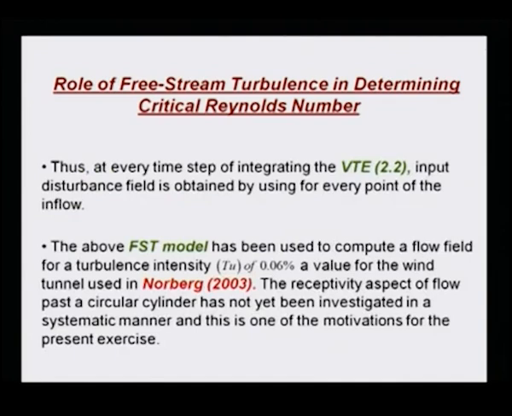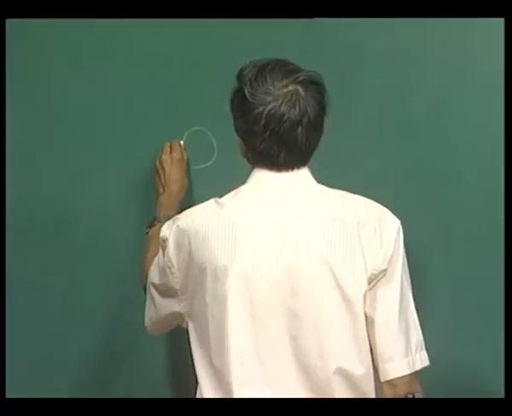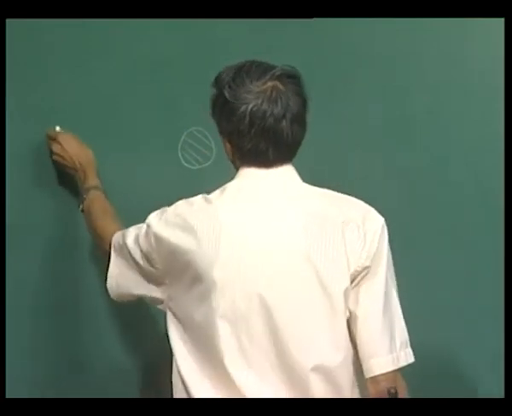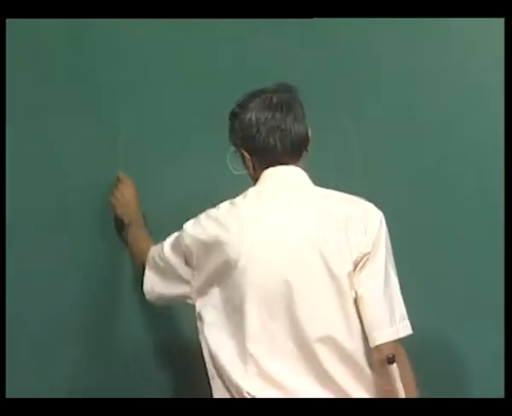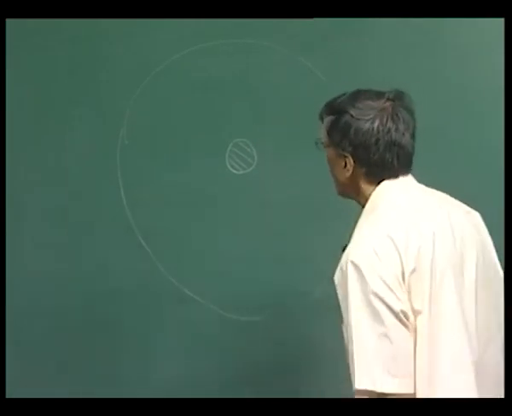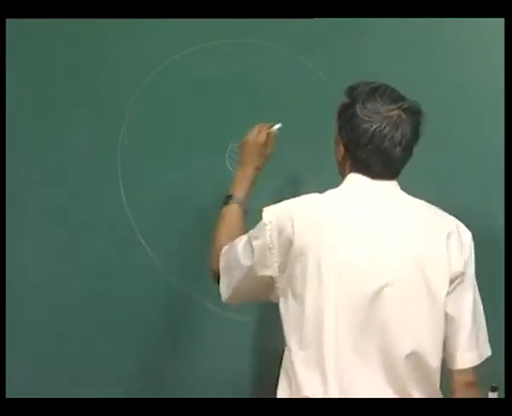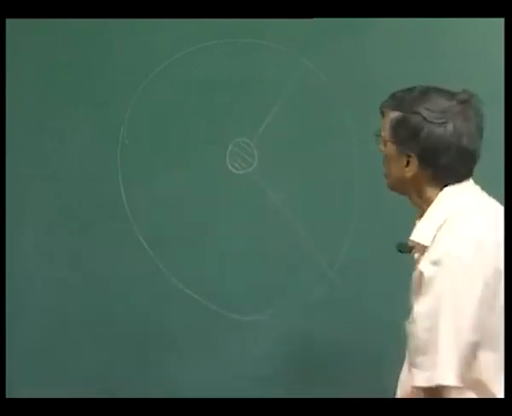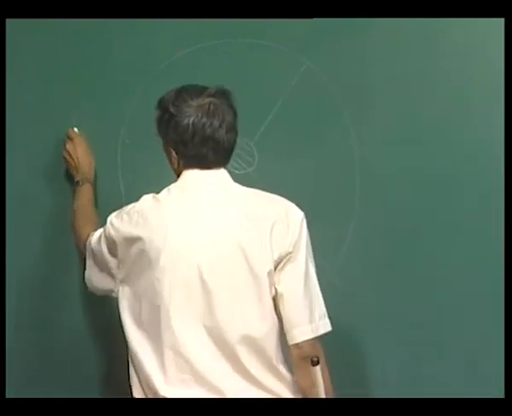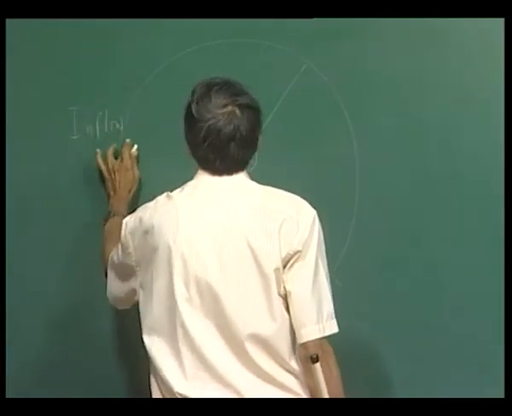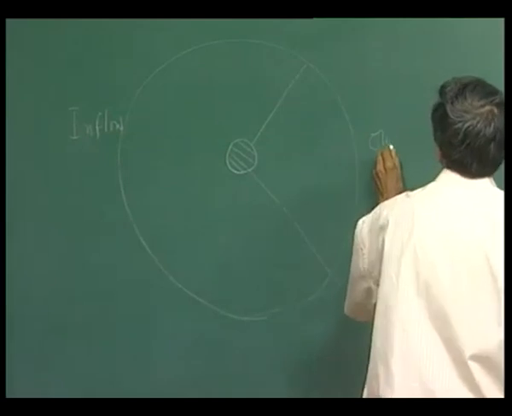So, in a sense, what we are doing is the following. If I have a cylinder, this is what we compute in a large domain like this, and then we identify a region which we call the inflow, and this is what we call the outflow.